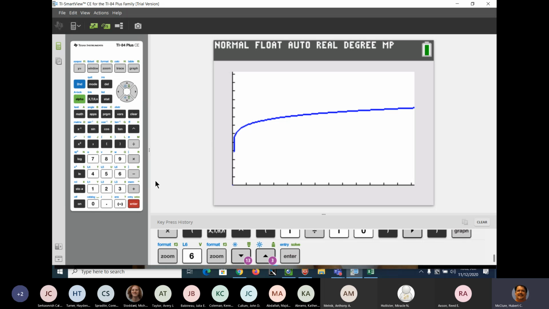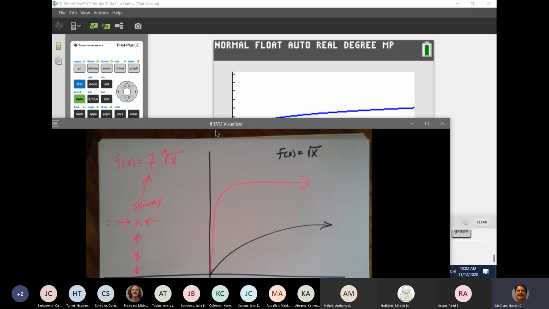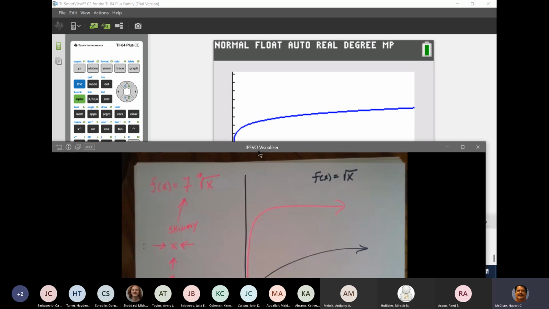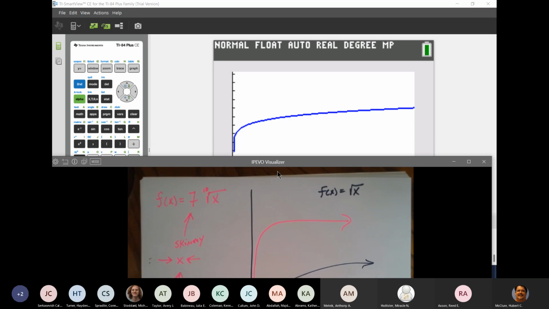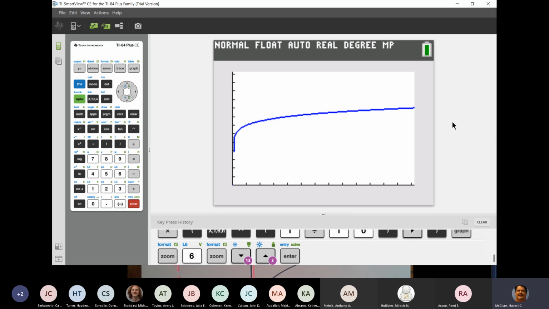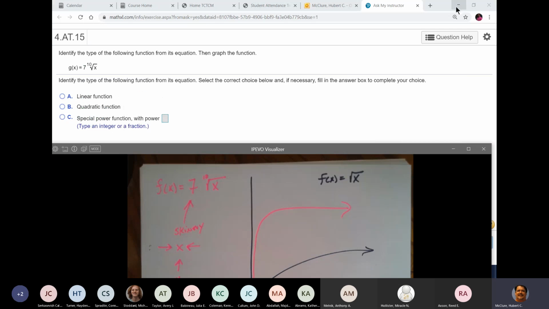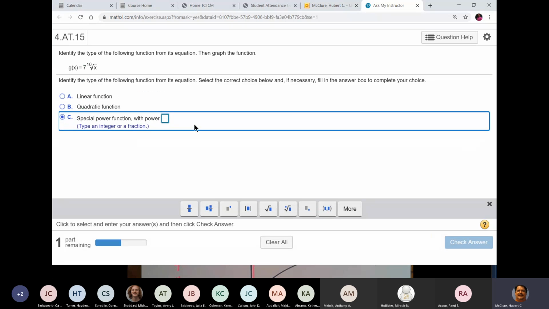Okay, well, you see my picture and their picture. There you go. And what else are they going to ask? It's a special power function with a power of 1/10.